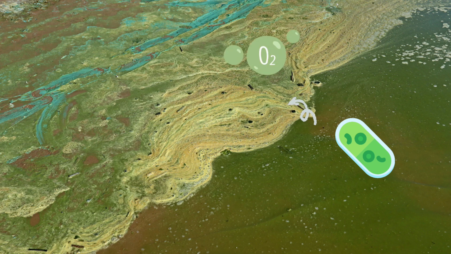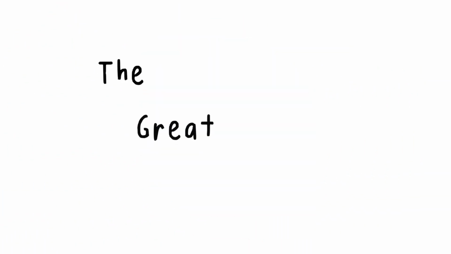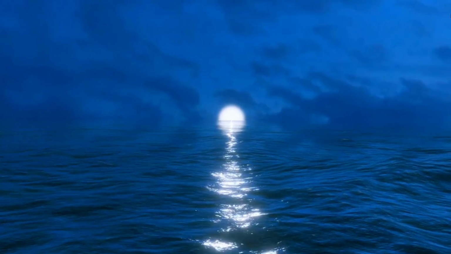Cyanobacteria, also known as blue-green algae, were likely among the first organisms to perform photosynthesis, gradually increasing the oxygen levels in the atmosphere. This marked the beginning of the Great Oxygenation Event, a critical milestone in Earth's history that profoundly influenced its subsequent evolution.